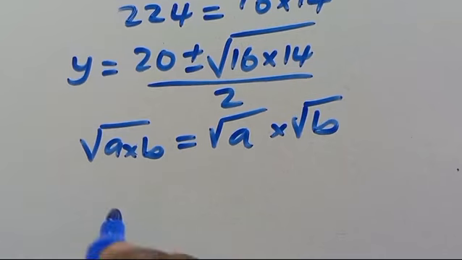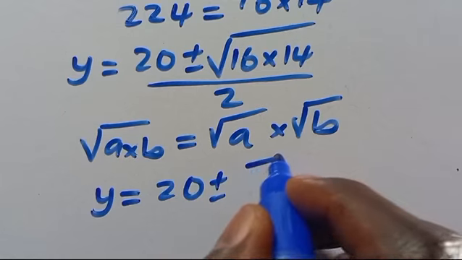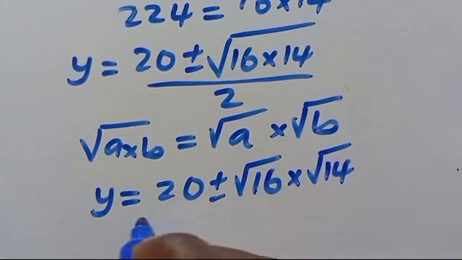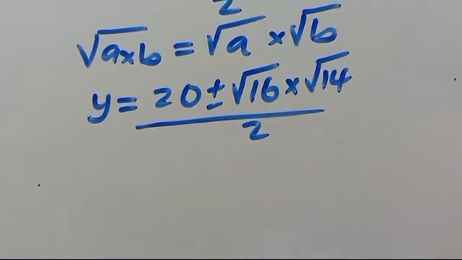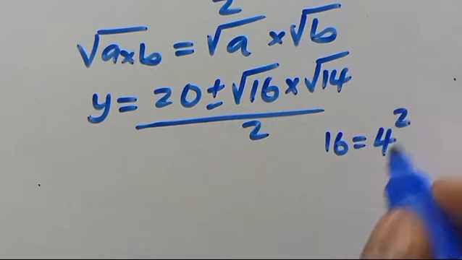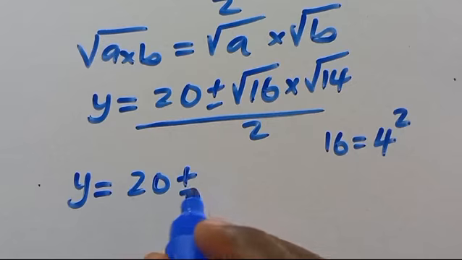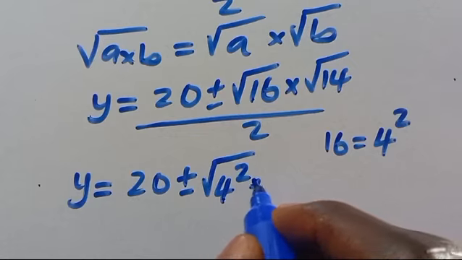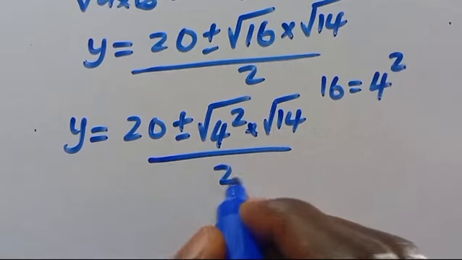of b. So we have y equals 20 positive or negative, root of 16 times root of 14 over 2. Then mind you, 16 is a perfect square, which is 4 to the power of 2. So we have y equals 20 positive or negative, square root of 4 to the power of 2 times square root of 14 over 2.